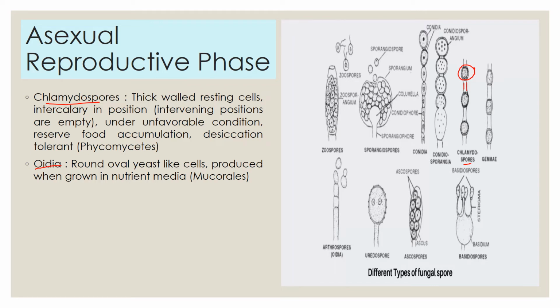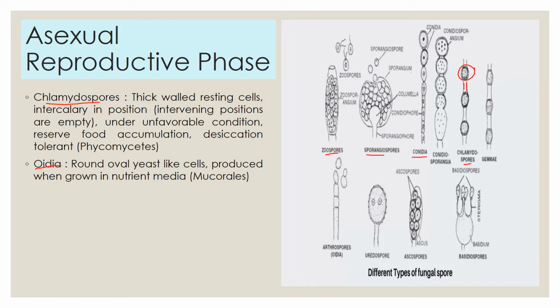We see that they are formed in the hypha, and the intermediate region is a dead region, so they are intercalary in position, that is, they are not produced in a terminal structure, unlike the zoospore, the aplanospore and the conidiospore.